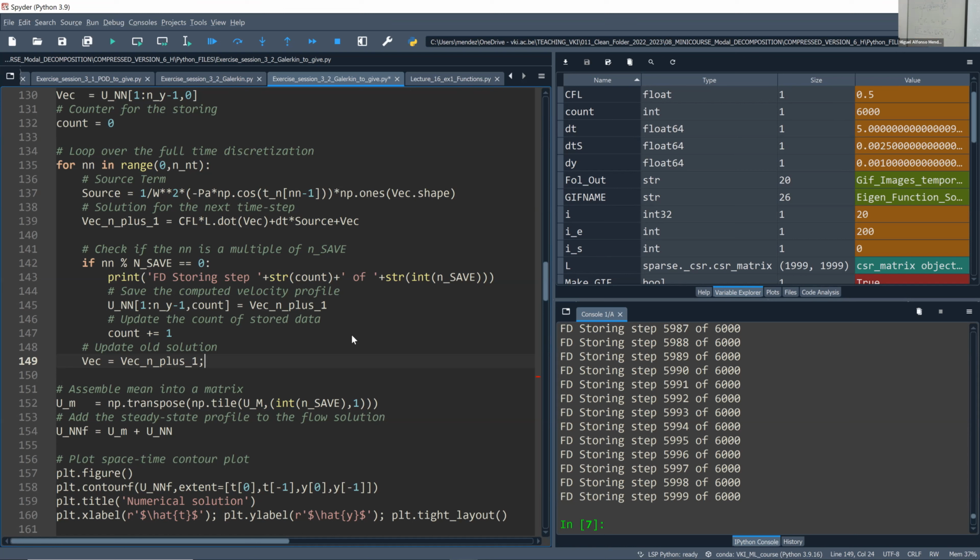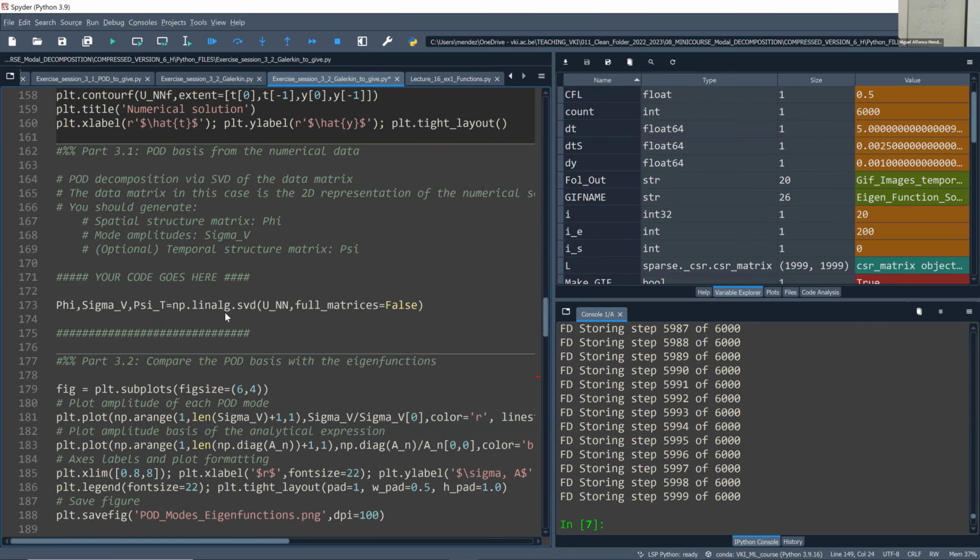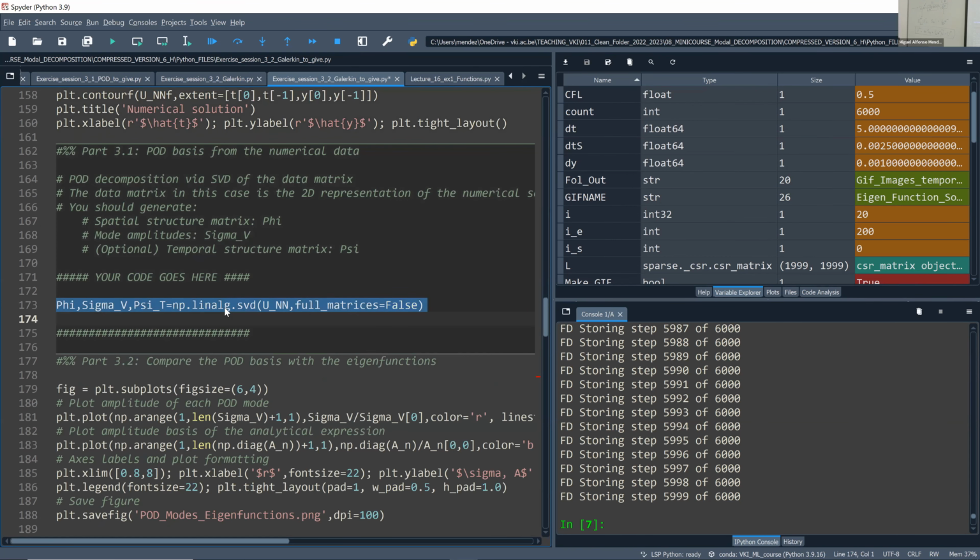Now, after you've done this, we do the POD. The POD will give us the phi's. I believe you don't have the code there, but you should go to line 173.